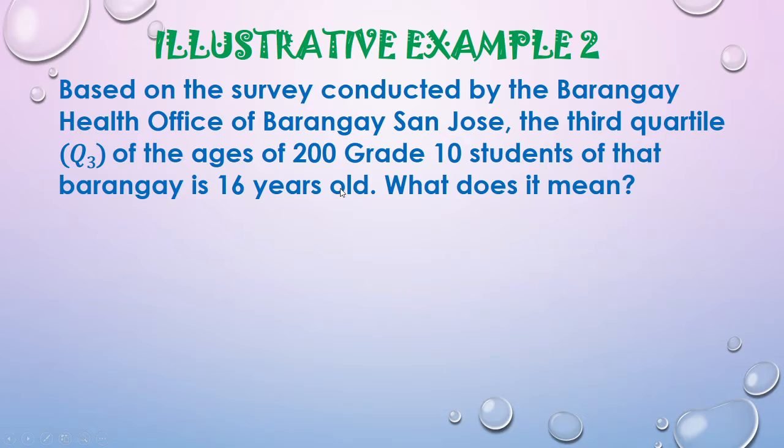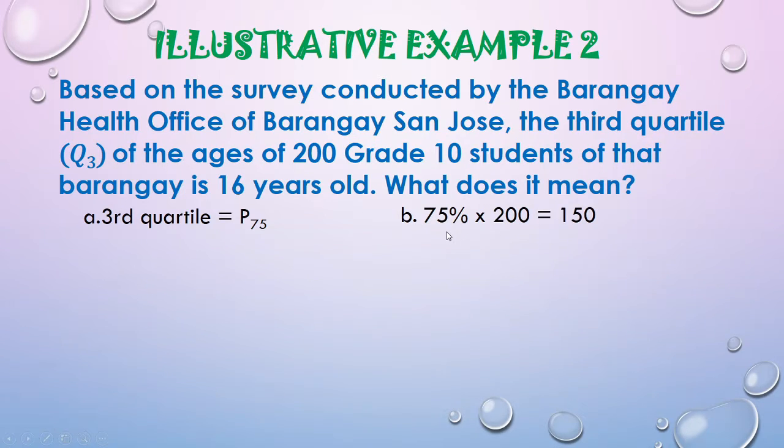So, kukunin natin yung equivalent ng third quartile. Equivalent ng third quartile sa percentile ay P sub 75. Ngayon, ilan ang 75% ng 200?